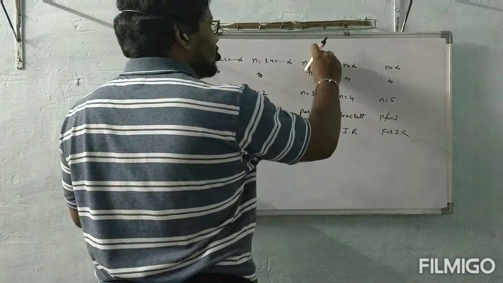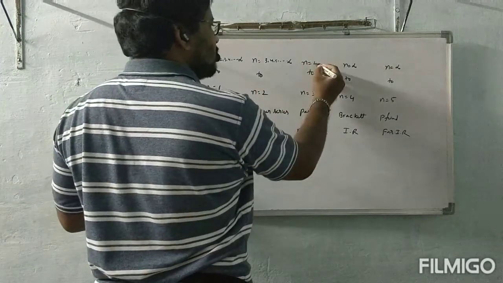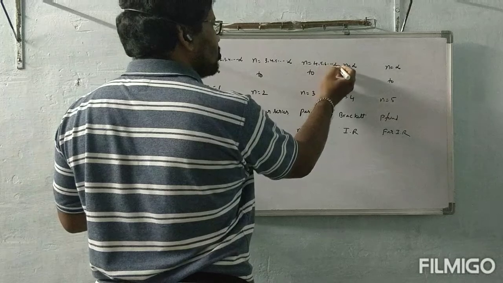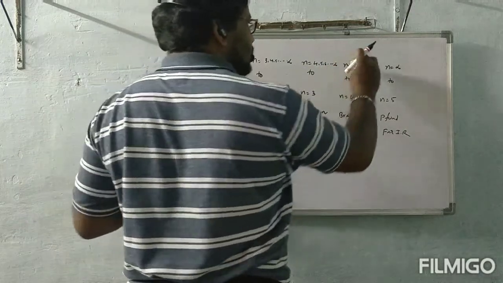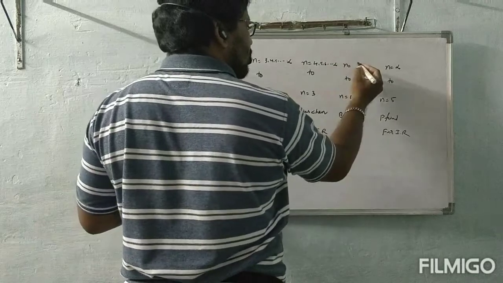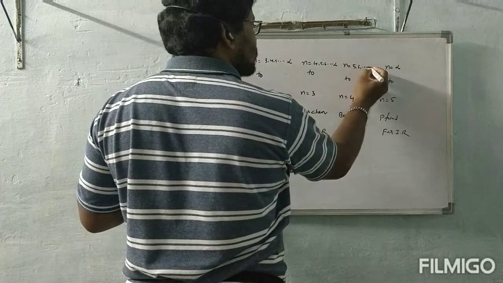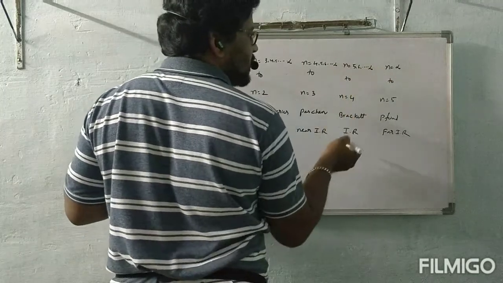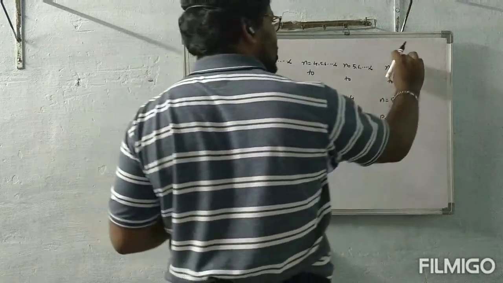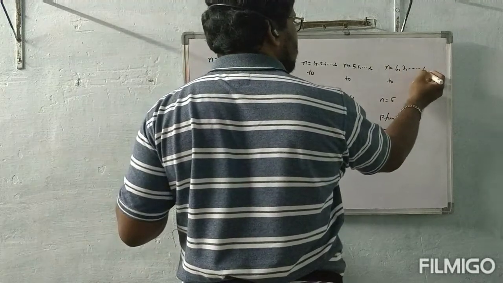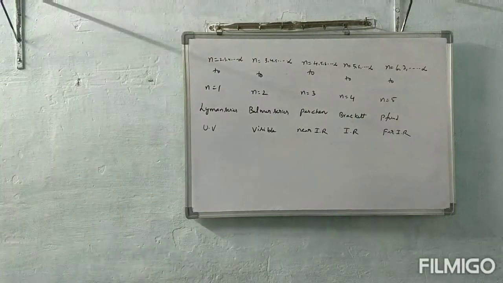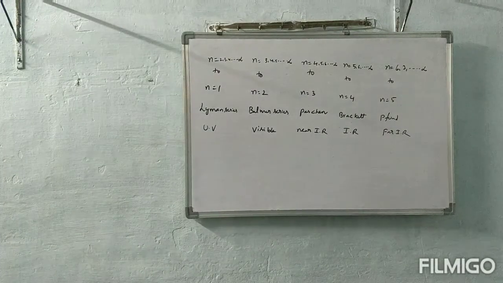If the higher energy is 4, 5, 6 and so on up to infinity and the lower energy is n is equal to 3, that is the Paschen series. Next, 5, 6 and so on up to infinity is the Brackett series. Here 6, 7 and so on up to infinity. These are the different series.